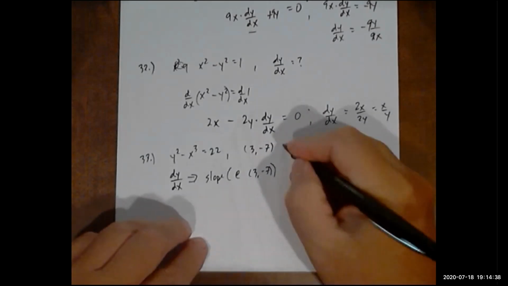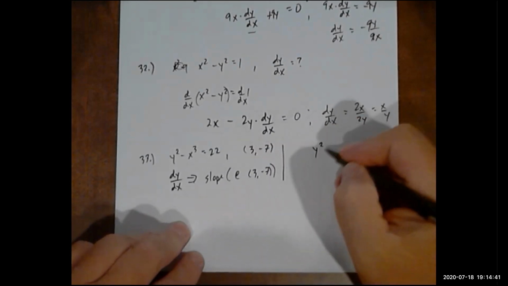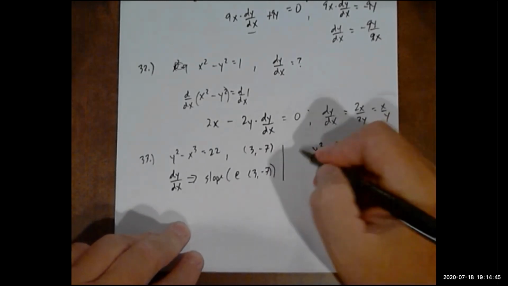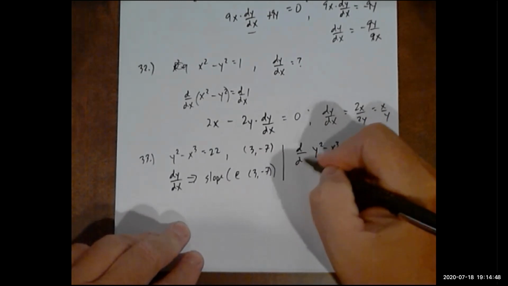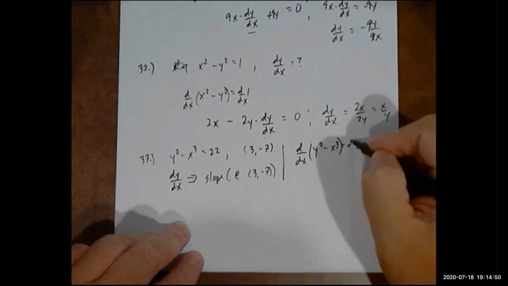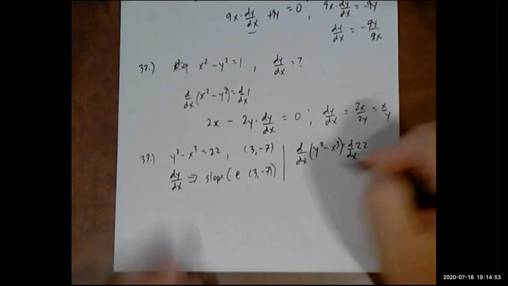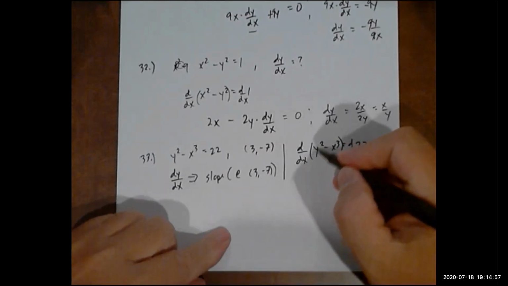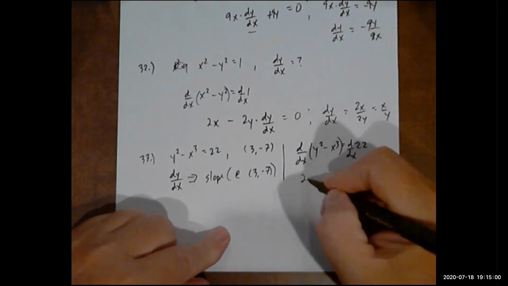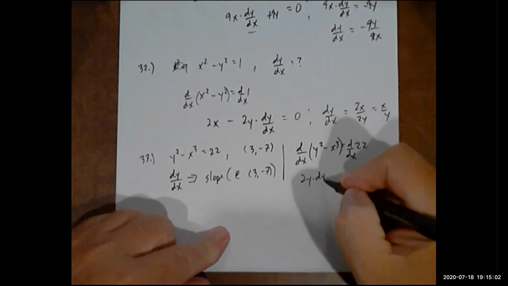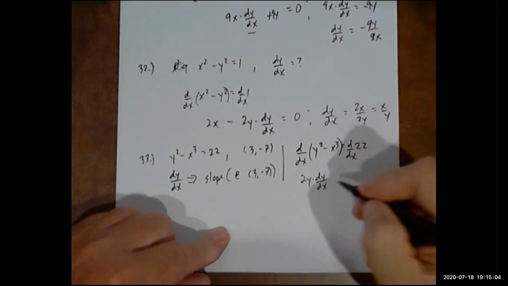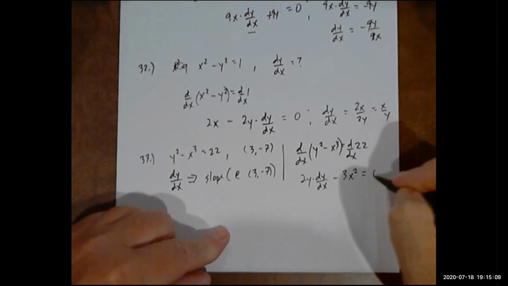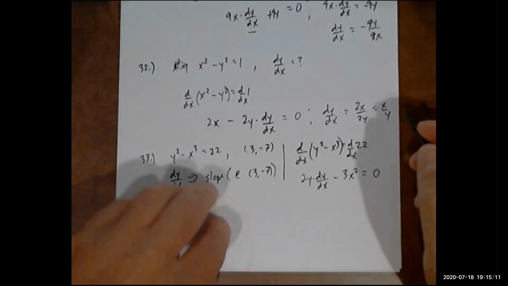So the first step is we've got to solve for, or figure out, dy/dx, the derivative. So I'm going to take the derivative of both sides. On the left side, the derivative of y squared, once the variables are different, is 2y dy/dx, minus 3x squared equals 0.